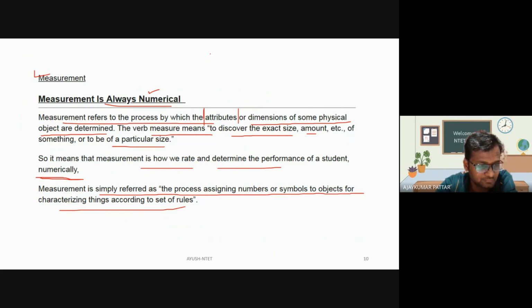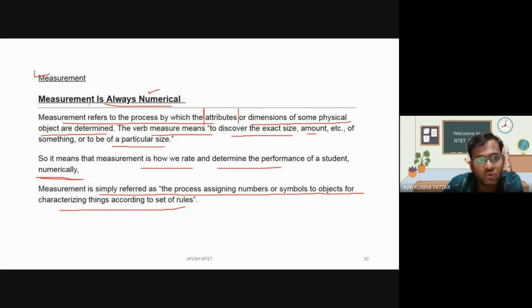All of you learned that scales of measurement come broadly as qualitative and quantitative, but in this context we know that they are the nominal scale, ordinal scale, interval scale, and ratio scale. So measurement is always numerical.